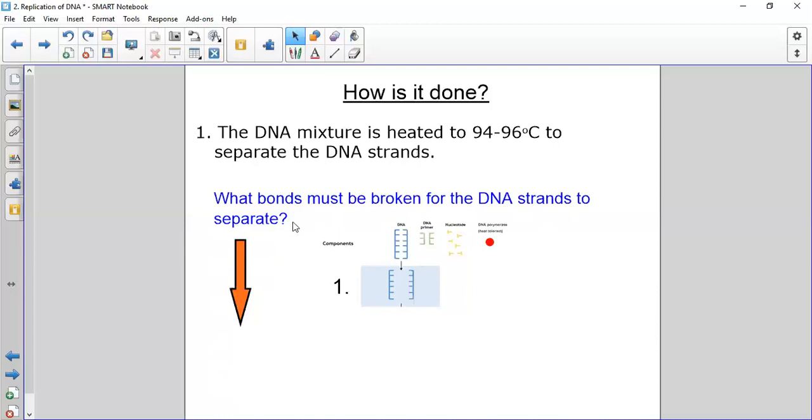You're then thinking, what kind of bonds are going to be broken when the DNA separates? And you would be right in thinking it is the weak hydrogen bonds. In this tiny diagram, there's our DNA in blue, and the two strands have separated out. So the hydrogen bonds are broken when it got heated up.